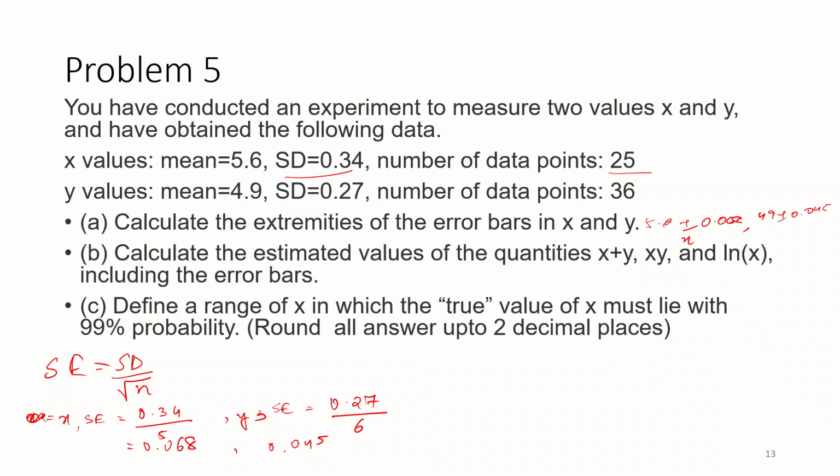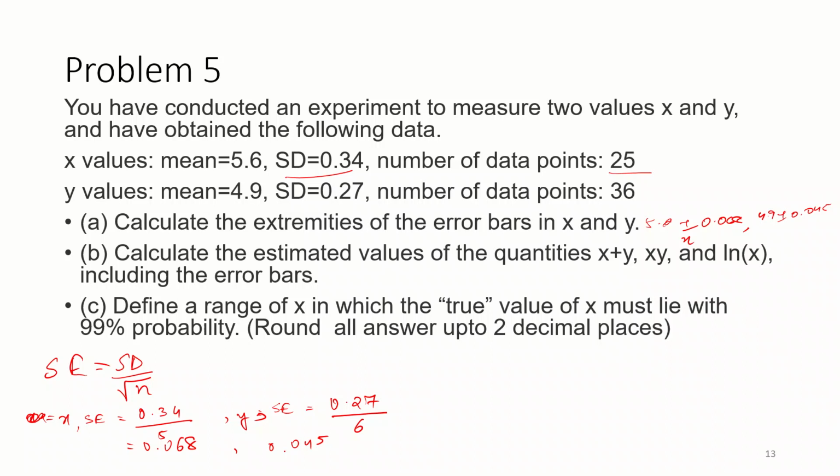Now calculate the estimated values of the quantities x plus y, xy, and ln x. You have to put these in the formula. First you have to find x plus y.